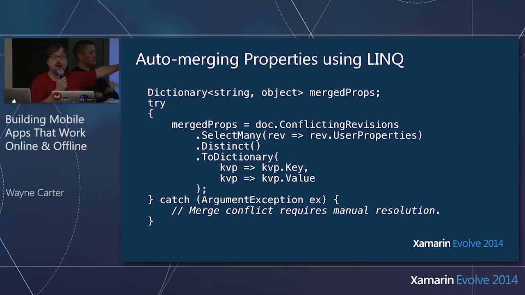And if we can't auto-merge it because you and I both modified the same key instead of different keys in our dictionary, then we'll get an argument exception, and then you can do your manual merge conflict resolution right there. So this is great, and I like to tease the other guys on iOS and Android about it because they don't have LINQ's lovely goodness to do this in one statement. So what's hard for them is easy for us, which is exciting.